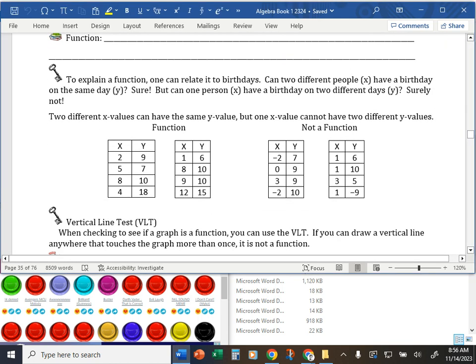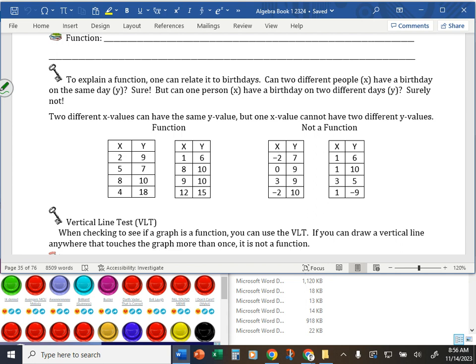I've got two examples: both of these tables are functions, and both of these tables are not functions. Notice in the function section, when x is 2, y is only 9. It's the only y value paired with the x value of 2. When x is 5, y is 7. When x is 10, y is 10.